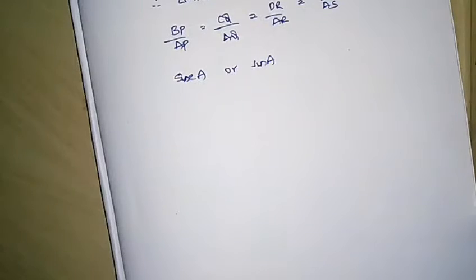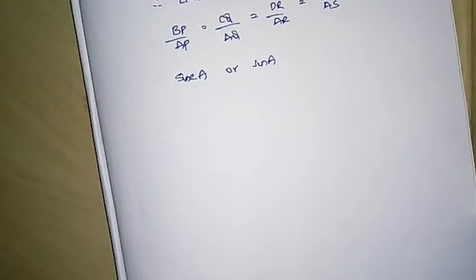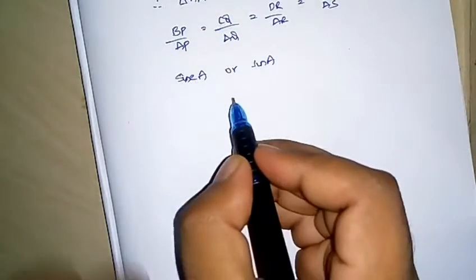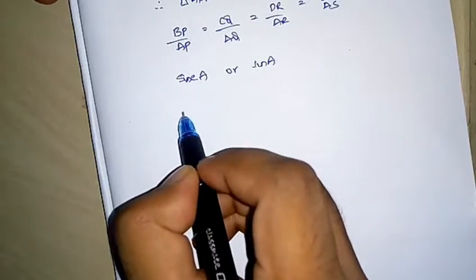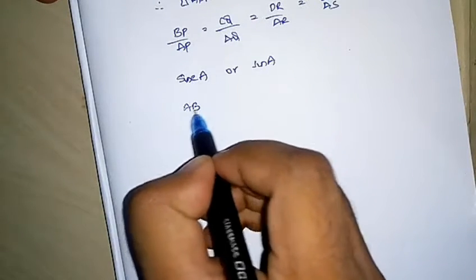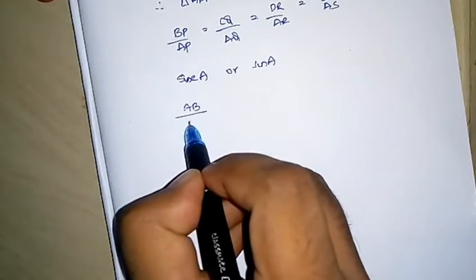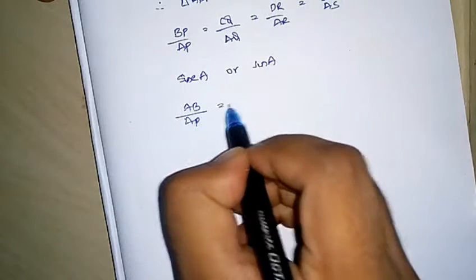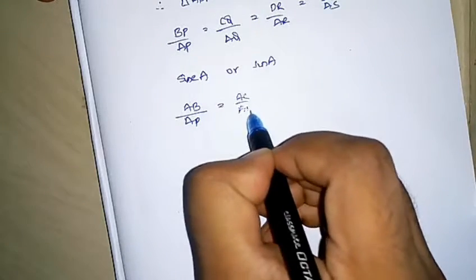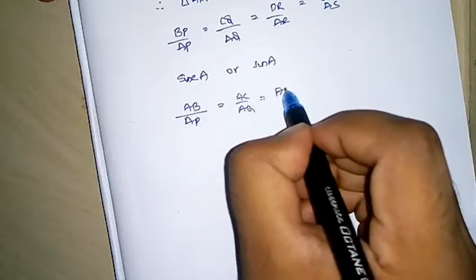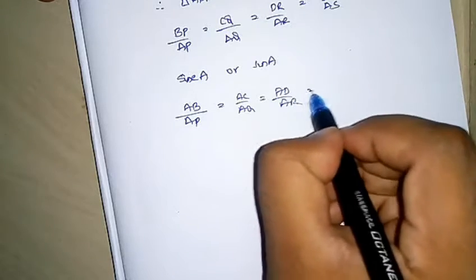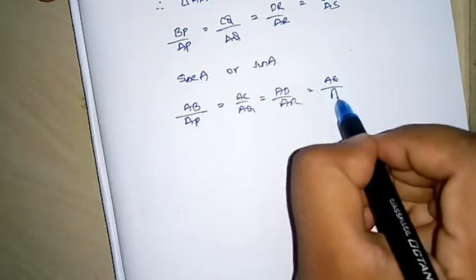So this ratio is defined as sine A, and the ratio adjacent side by hypotenuse, AB by AP, is equal to AC by AQ, is equal to AD by AR, is equal to AE by AS.